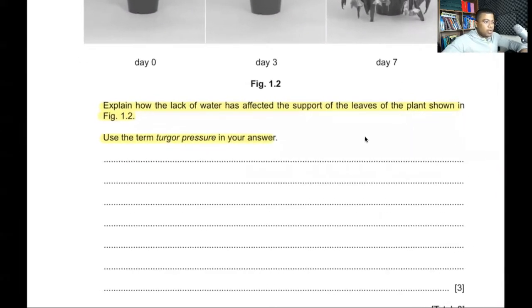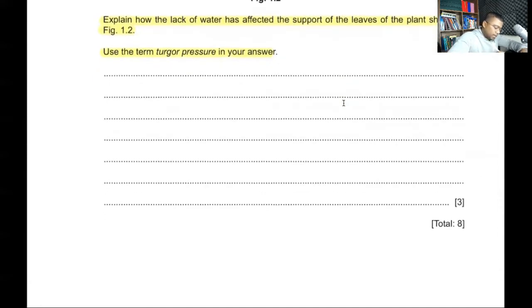So guys, when a question like this says that you have to use a particular term, we have to use that particular term directly in our answer. So we can see the plant is wilting due to the lack of turgor pressure.